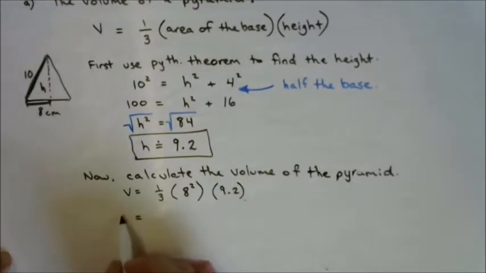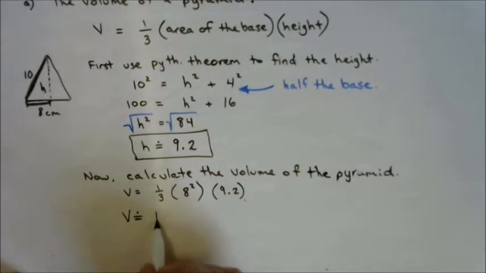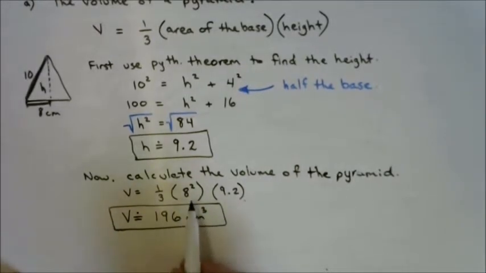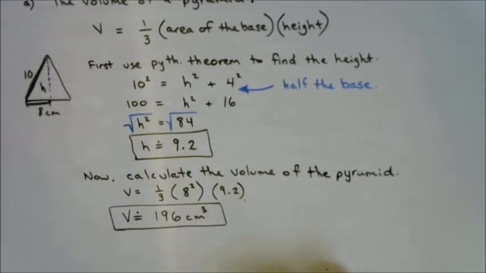And the volume is approximately, rounded to the nearest, 196.3 cubic centimeters. You still need to multiply it by 1/3. Multiplying by 1/3 is the same as dividing by 3. Okay? Divide by 3. Good.